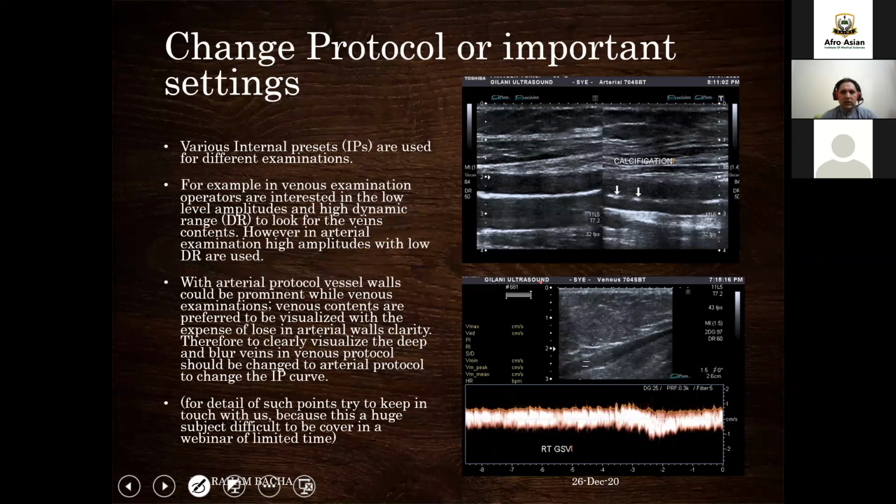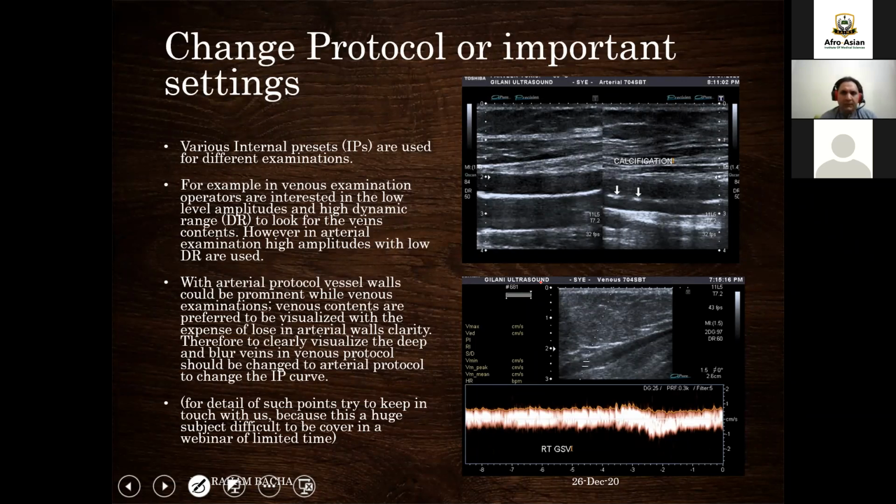Because the echoes which are coming from inside the body have a great deal of difference between different amplitudes. That great difference of amplitude cannot be handled by the ultrasound machine, and that's why the ultrasound machine compresses it to decrease the difference between the high amplitude and the low amplitude.